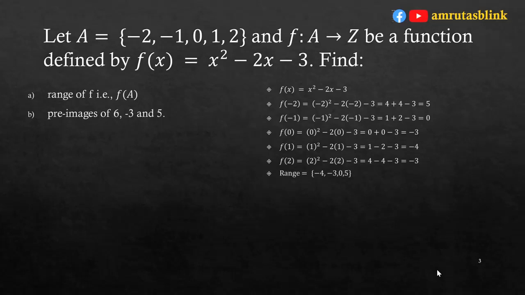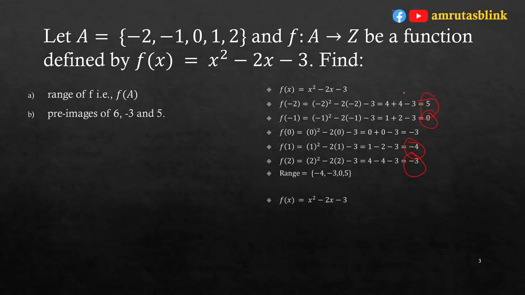So what is the range of the function? The range of the function will be minus 3, minus 4 and 5. If we write it in ascending order, the range would be minus 4, minus 3, 0 and 5.